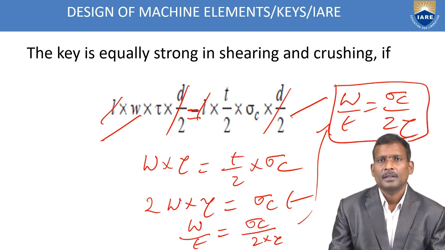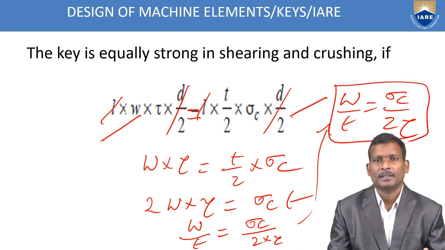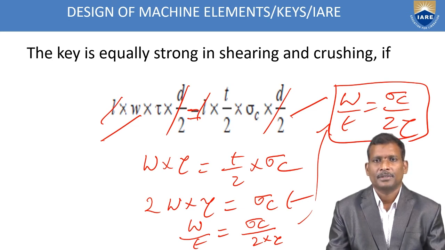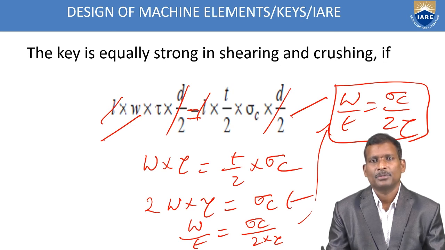This is for when the key is equally strong in crushing and shear: the width to thickness ratio is equal to sigma c by 2 tau.